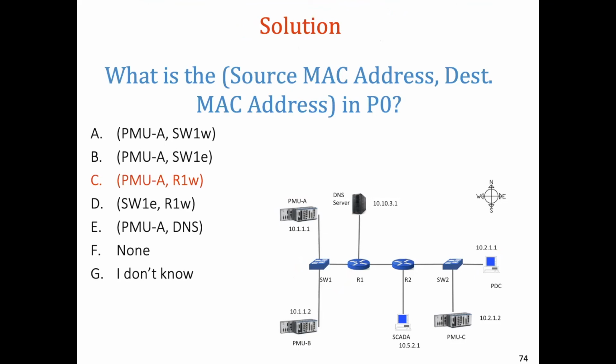As we said, MAC addresses are local. The destination MAC address changes. Here we put the destination MAC address as R1W, and the source is the PIN. You have to put the MAC address of the switch.